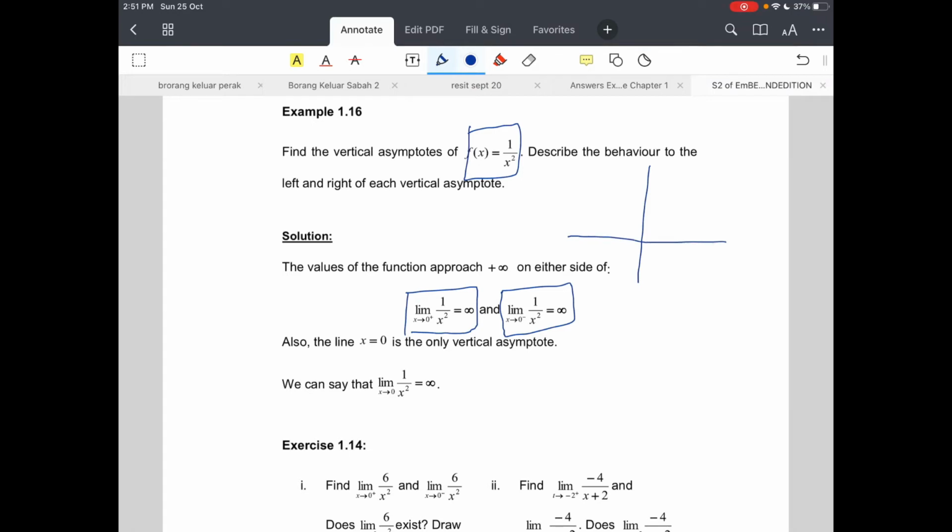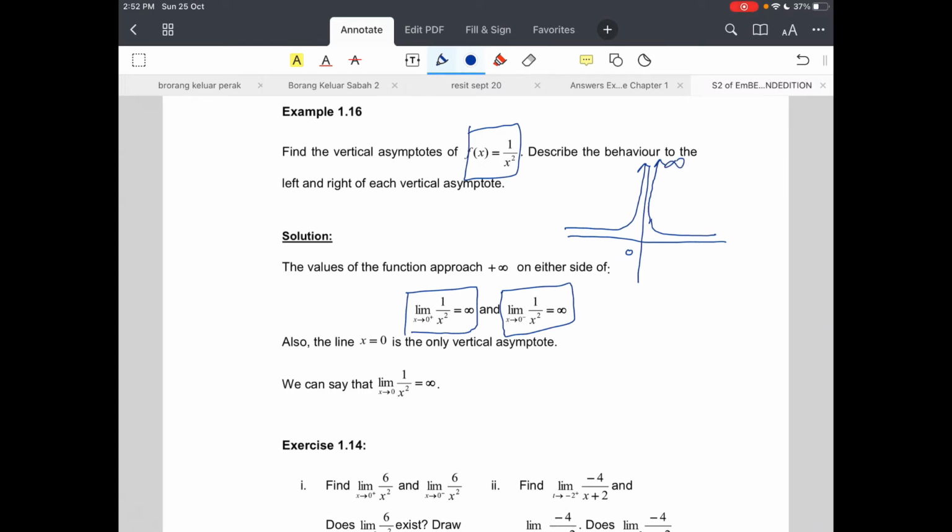So if I can draw the graph first, the graph is something like this. It is going up. Let me draw it properly. It is going up. Right, so as x approaches 0, so this is 0.